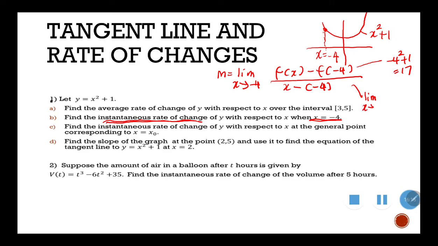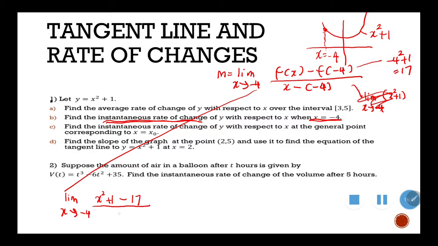So the limit as x approaches -4 of x squared plus 1 minus 17, over x plus 4.